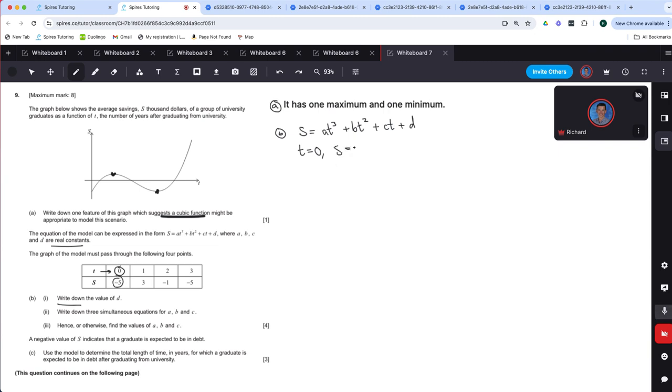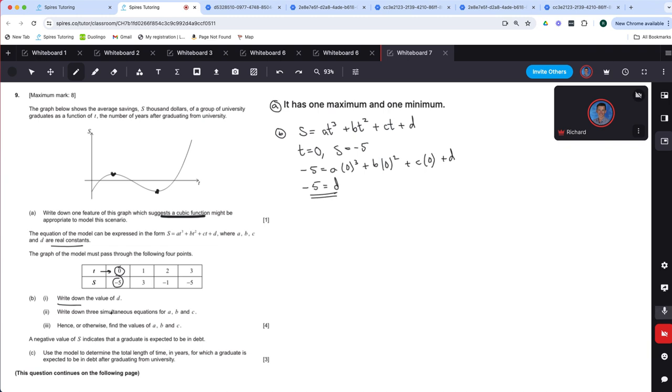So we're going to substitute these in. So I get -5 is equal to A times 0 cubed plus B times 0 squared plus C times 0 plus D. So we've got the -5 on this side, and anything multiplied by 0 is always 0. So we're left with D is equal to -5.